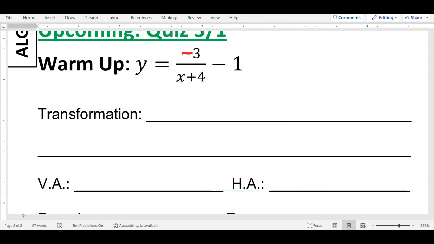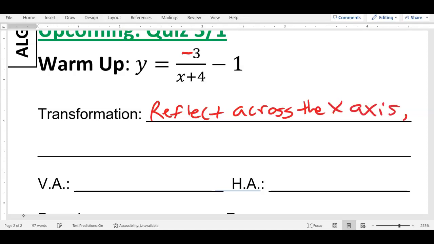All right, let's try that again. Reflection, or it's a reflect across the x-axis. Now 3 is bigger than 1. What does that do to it vertically? The vertical stretch.